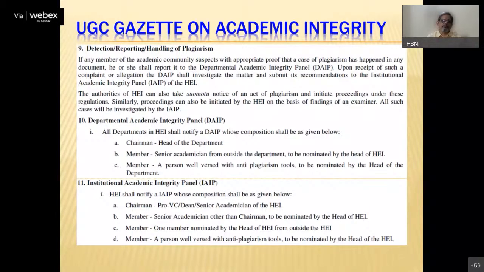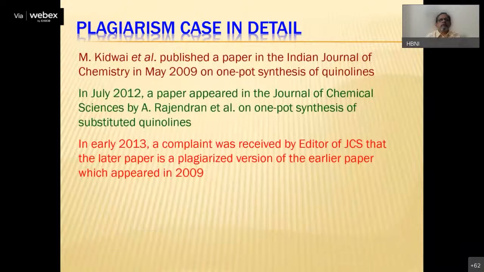So the first stage, whenever anyone comes across plagiarism, if you are affected by plagiarism or you notice plagiarism, and it concerns you or your department, the first thing to do is to approach the Departmental Academic Integrity Panel, which will have a composition which is again prescribed, and they will send the recommendations to the Institutional Academic Integrity Panel, and they will finally go over the whole thing and then advise the correct action. So that's how UGC has laid out some guidelines, and it is now expected that every institution under the UGC is expected to follow these guidelines strictly.